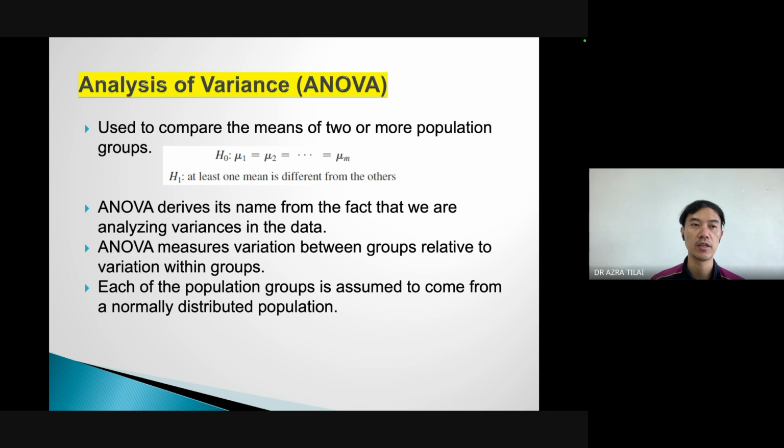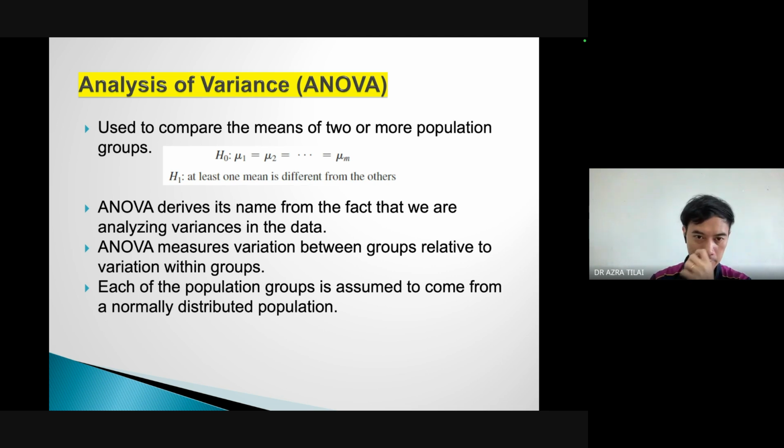The gap is quite large. So when the gap is large, you can see the variation or dispersion in the graph is quite large here and there. That is what we want to find out: whether at least one mean is different from the others.